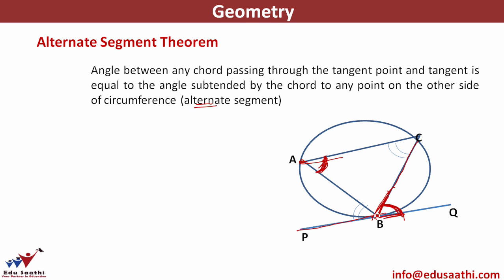Similarly, if I talk about AB as the chord, AB makes this angle with the tangent, and AB also makes an angle in the alternate segment. So this angle would be equal to the angle that it makes in the alternate segment. So angle CBQ will be equal to angle BAC, and angle ABP will be equal to angle BCA.